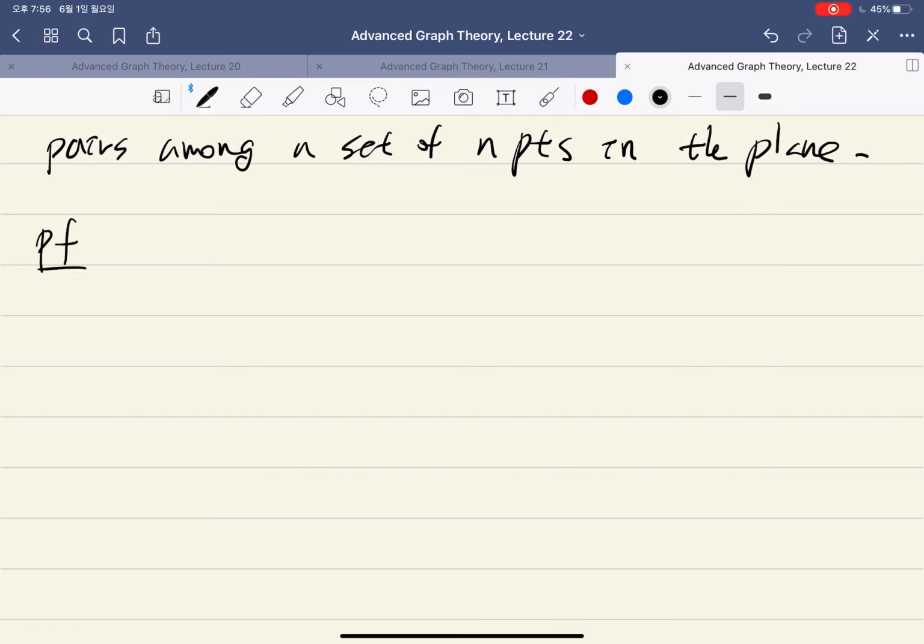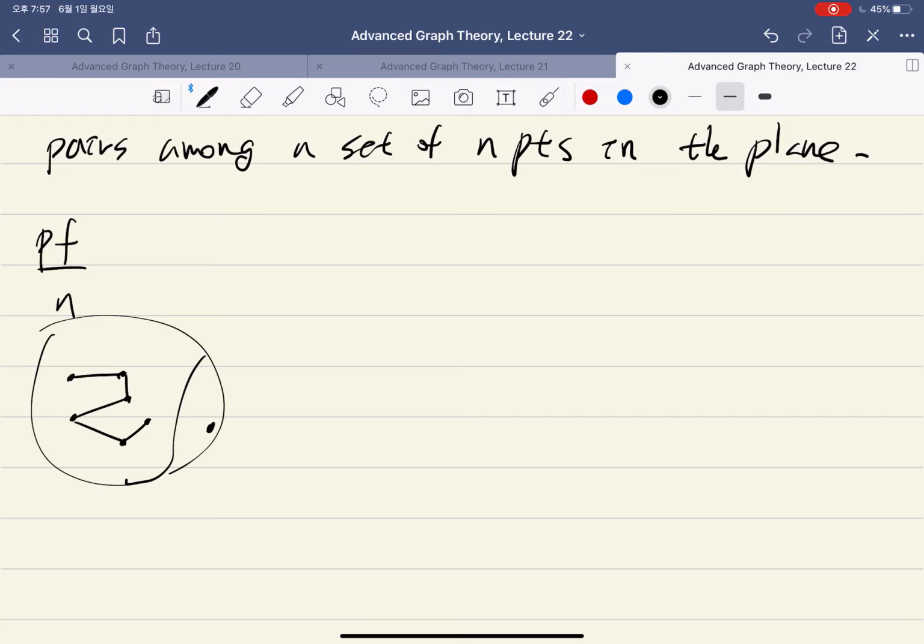Let's prove this. So you have these endpoints, and for every pair of points with distance 1, we pair them up in this way.